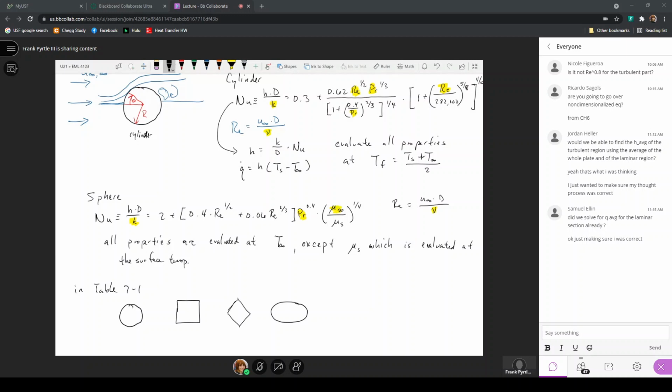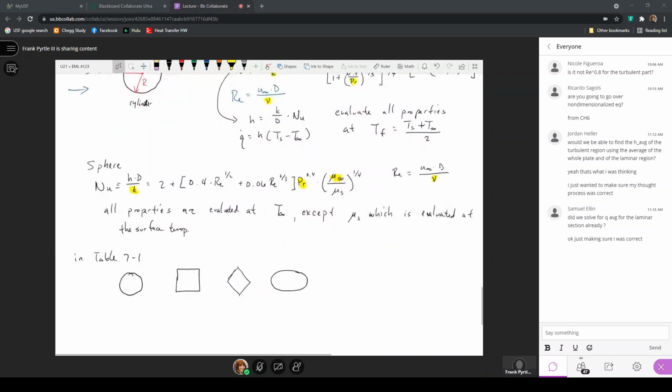And in table 7-1 is a range of Reynolds numbers and Nusselt number correlations. So there are Nusselt number correlations in table 7-1 for multiple shapes in a cross flow for ranges of Reynolds numbers.